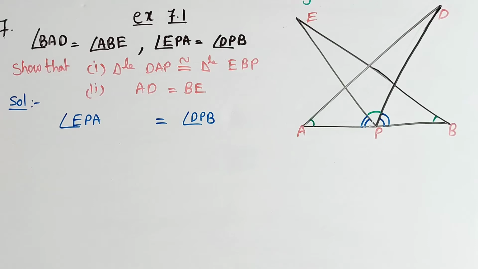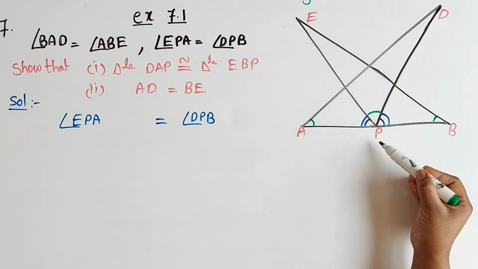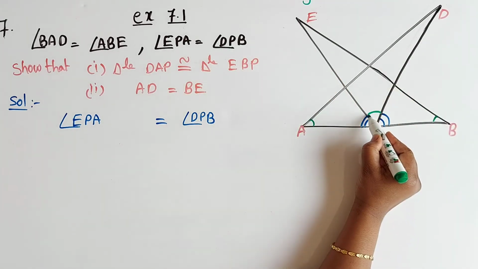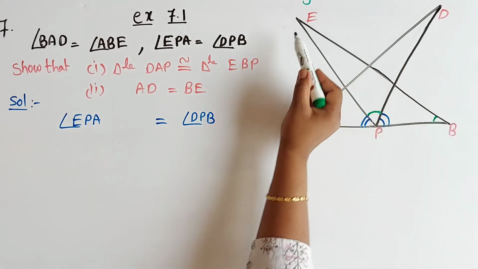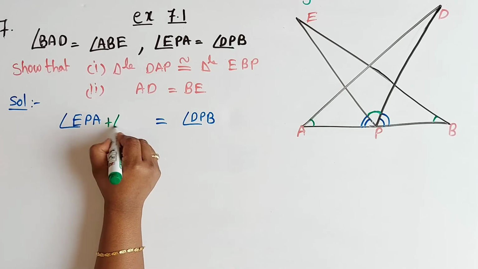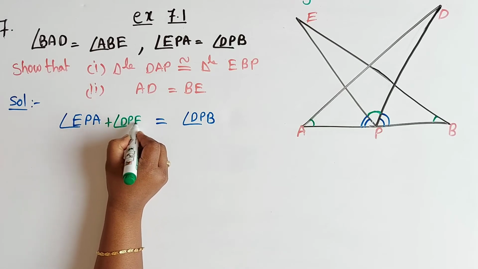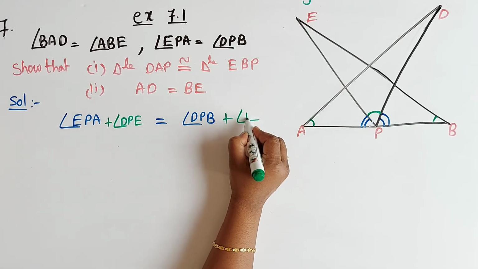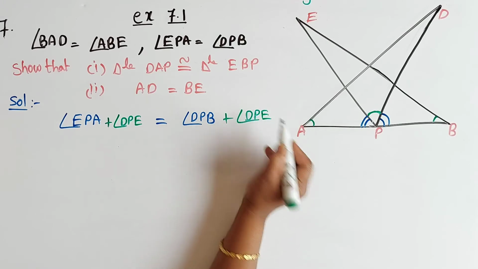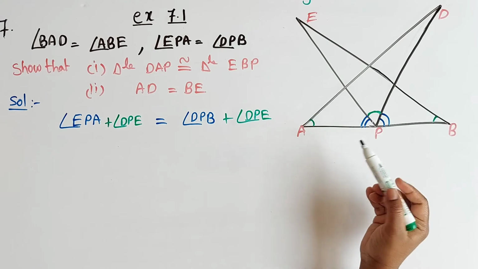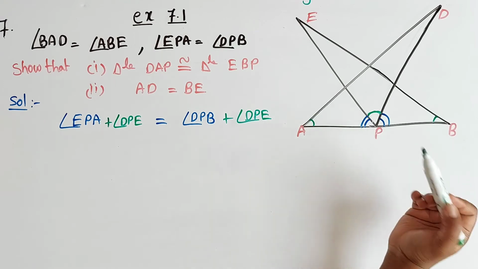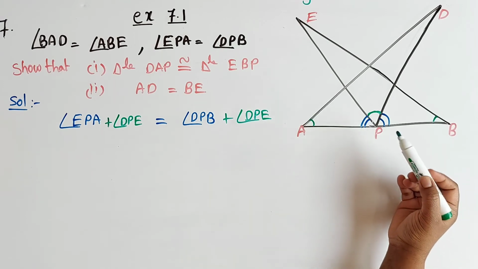Now we are adding angle DPE, this small part, here and here also. Correct, children?